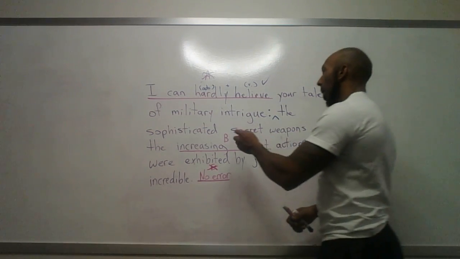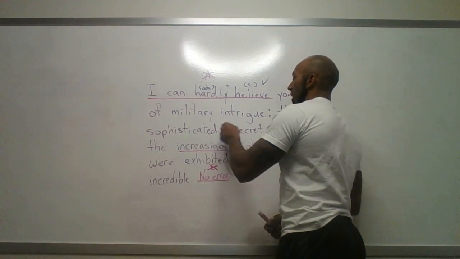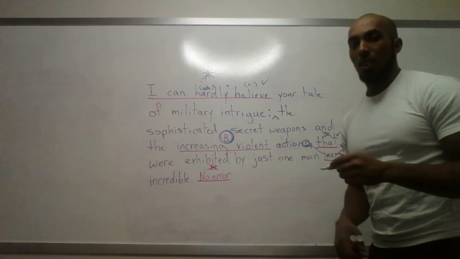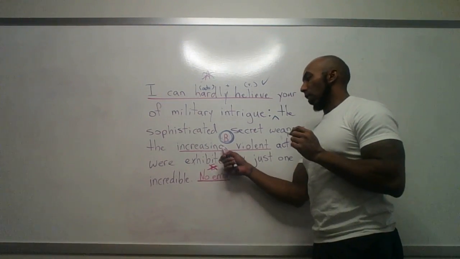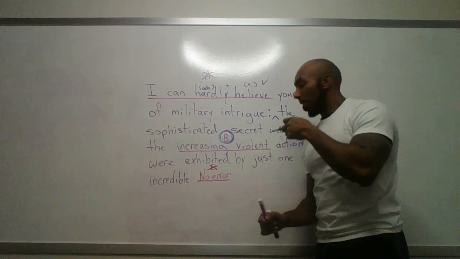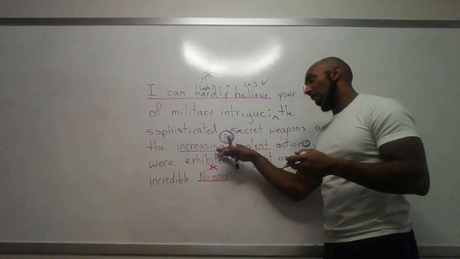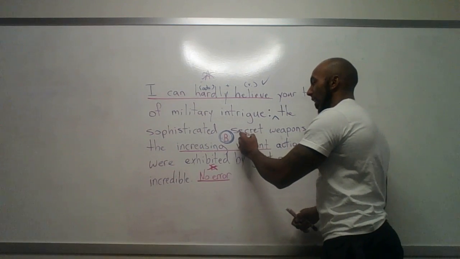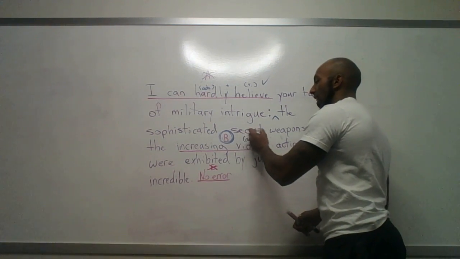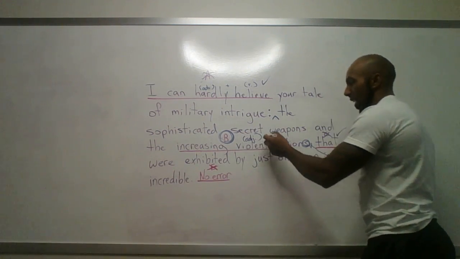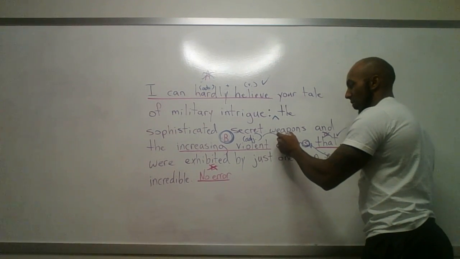Which leaves us with B. This is where the mistake is. Why is that? Well, what's the label of increasing? We already know that violent is an adjective, right? And an adjective modifies a noun. Violent is modifying the actions, right?